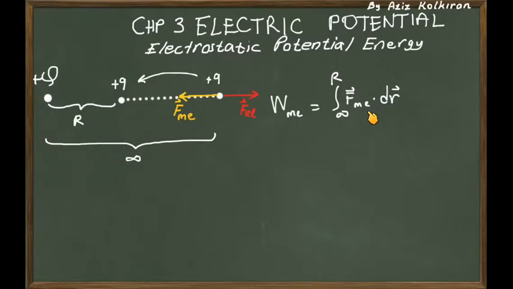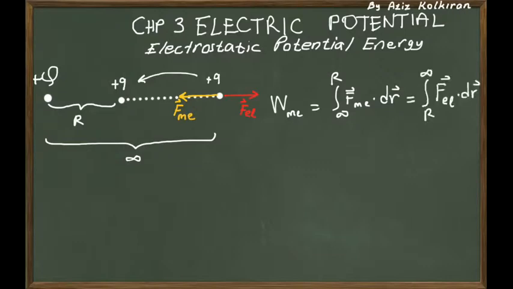But don't worry about it. We can always take the integral easily. So instead of writing inside this integral the force applied by you, I can replace this force by the electrostatic force between these two charges, right? Because the electrostatic force is just the same strength but in the opposite direction.